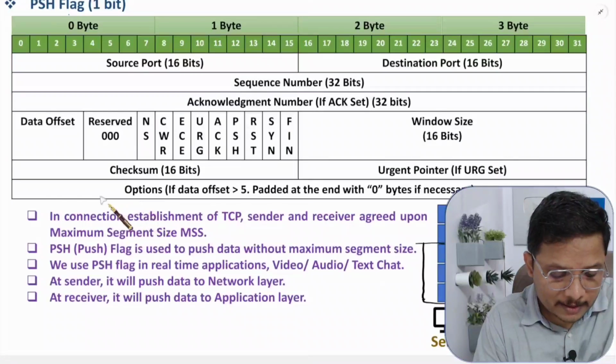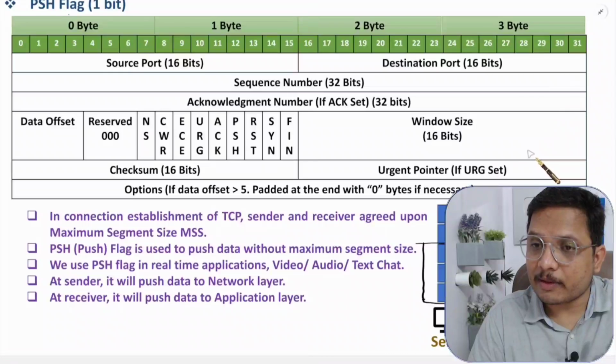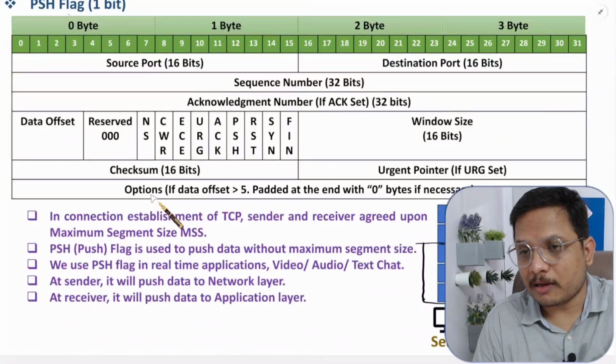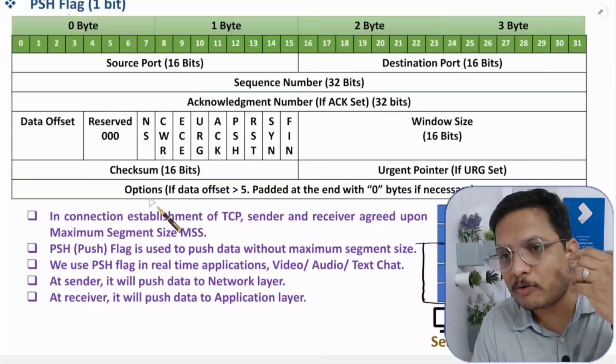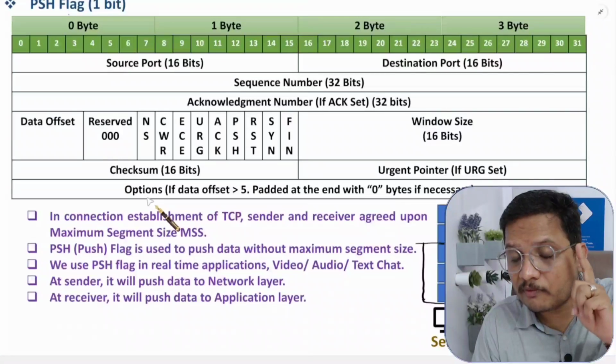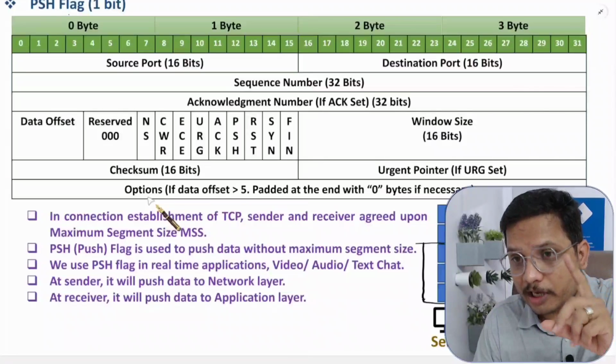The reason is that 20 bytes are mandatory. So in options, you can have either 4 bytes, or 8 bytes, or 12 bytes. Option field data varies from 0 to 40.